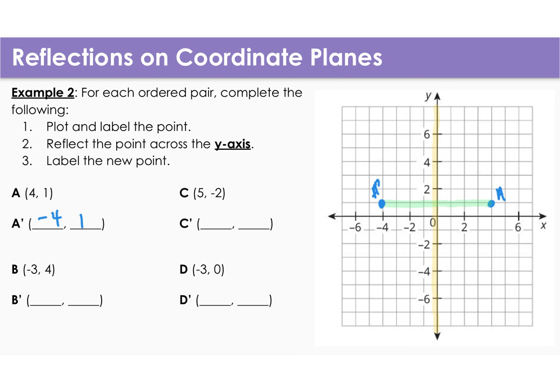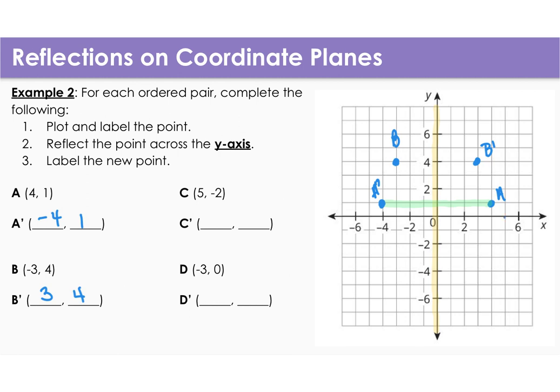So we have -3, +4. That's going to be B. And I went 3 away. So B prime is going to be over there. And that means I have a +3 and a +4 is the coordinate.